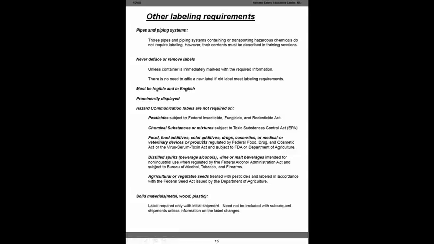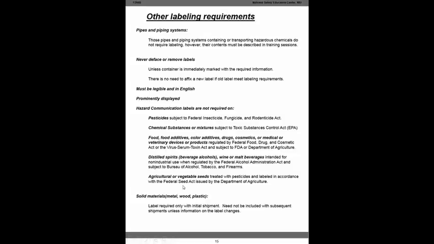And then things that, again, we kind of talked about before that aren't covered: food additives, color additives, drugs and cosmetics, things covered by the Food, Drug, and Cosmetic Act. Food and Drug Administration handles those. Veterinary items, it says distilled spirits, beer, wine, alcohol don't have to be labeled, even though, again, they can be hazardous.